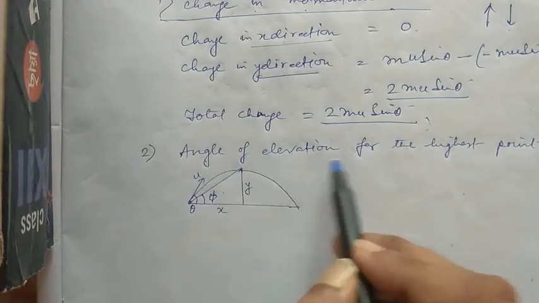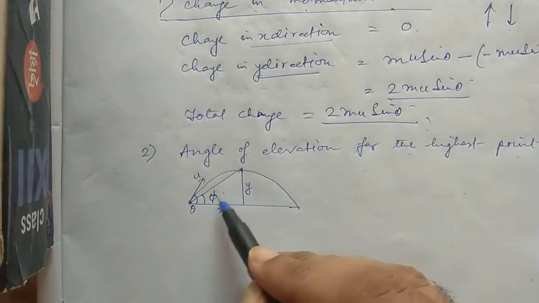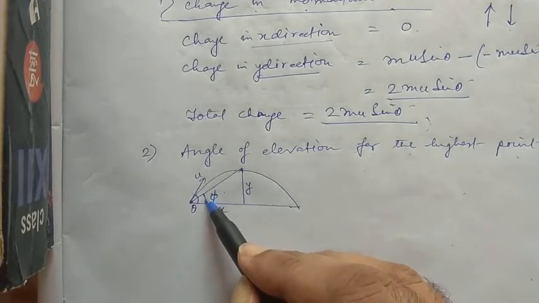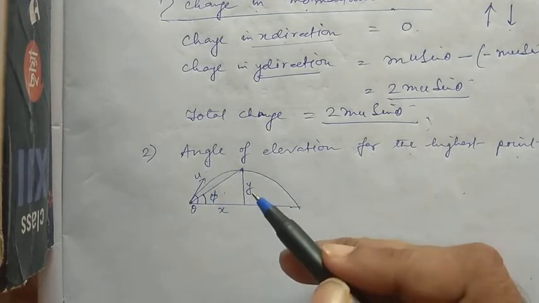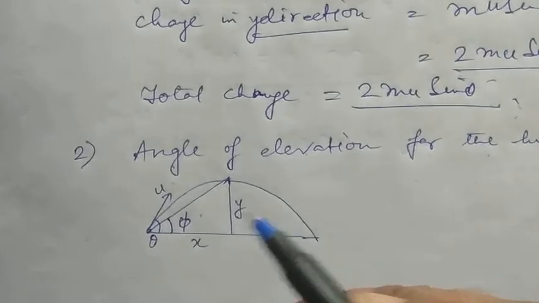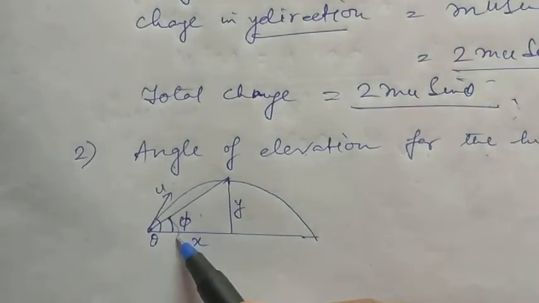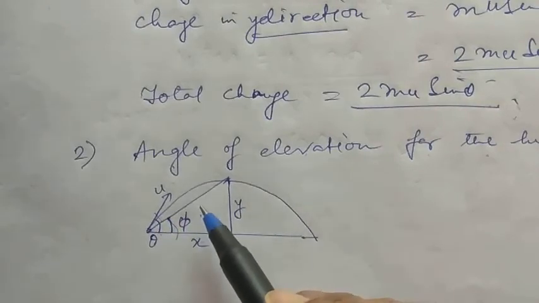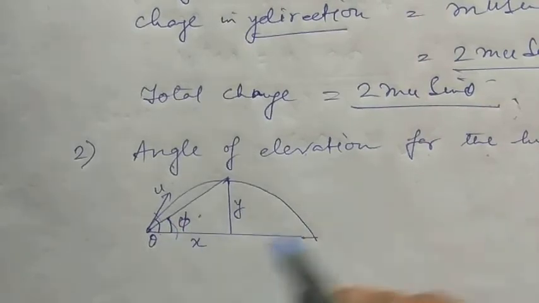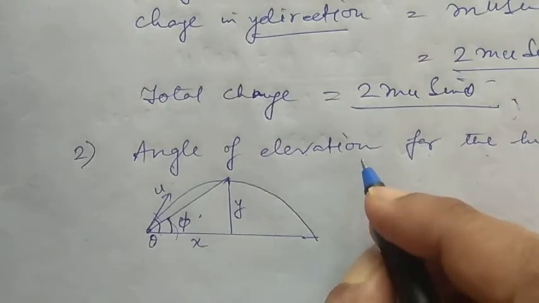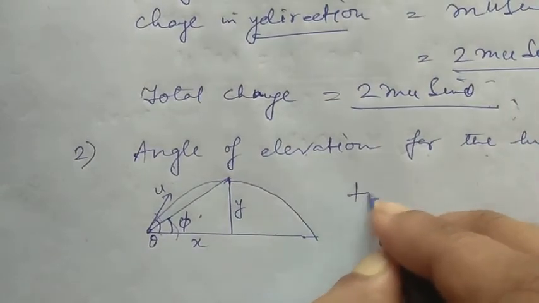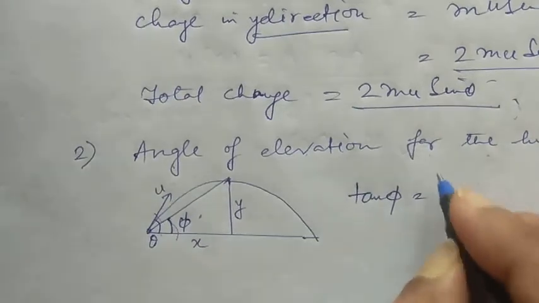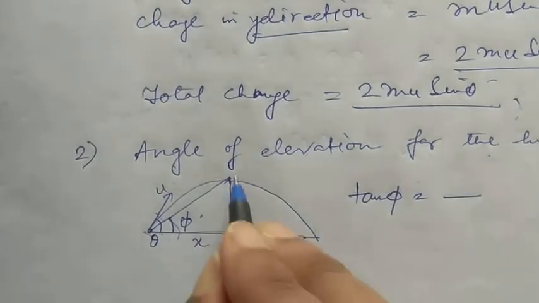Angle of elevation for the highest point. Now this is the angle of elevation phi. This was the angle of projection theta. Now the relation between phi and theta, we can derive like this. Suppose we find tan phi, that means this is x, this is y.